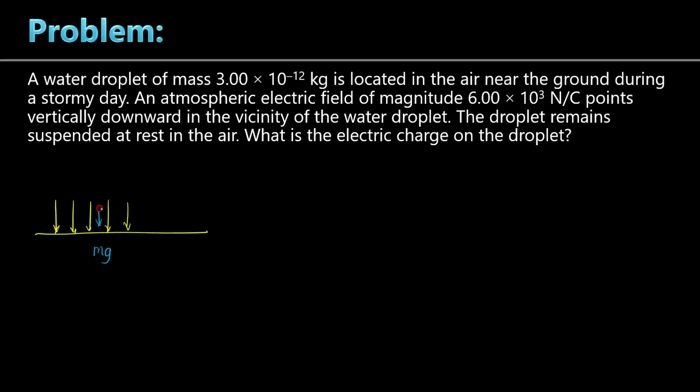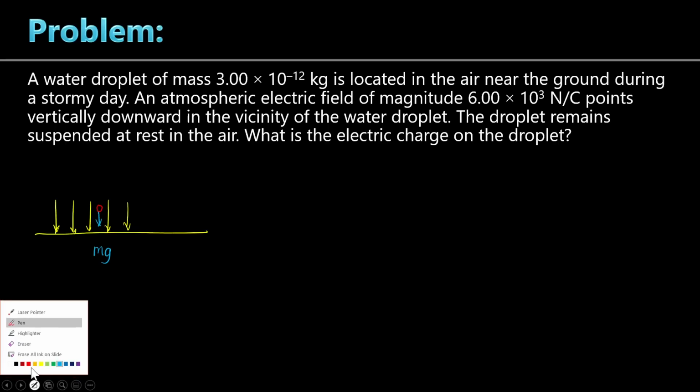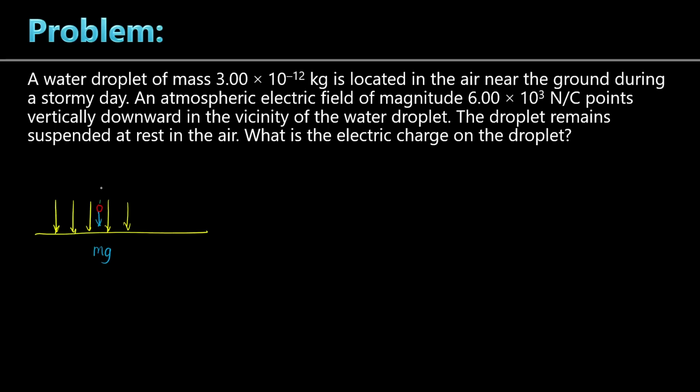Pero again, kung yan ay nakalutang, dapat maiisip mo na may isa pang force na kumokontra sa downward force. Kaya siya nakalutang. So, ilagay natin. Halimbawa, ito yung upward force na kumokontra dun sa gravitational force. Now, saan galing itong upward force na ito? Yan. Nakalagay kasi dito, what is the electric charge on the droplet? So, ibig sabihin, may charge yung droplet of water.